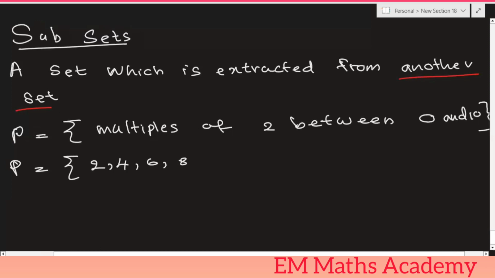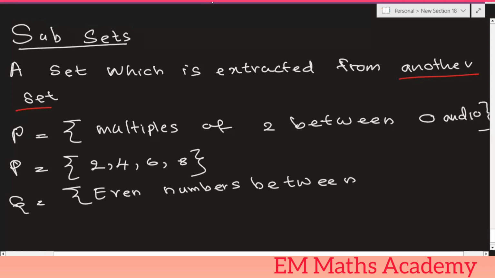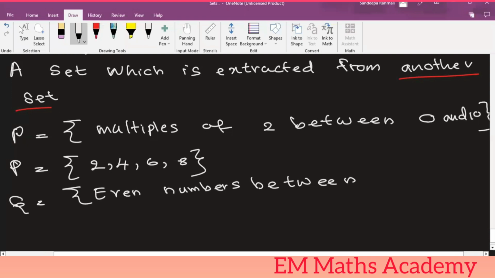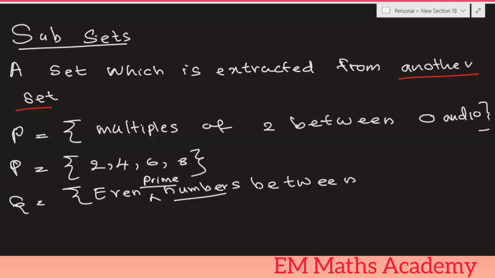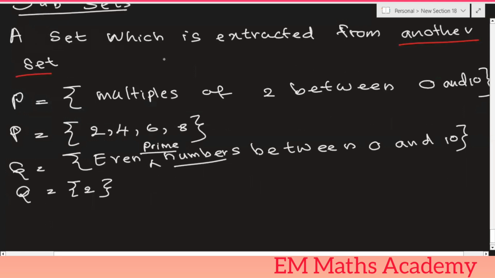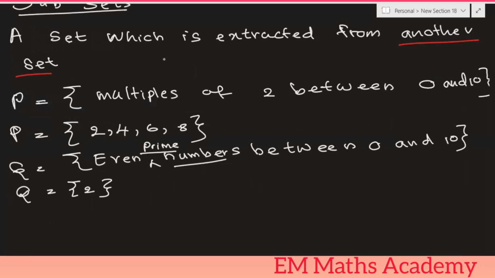Next I take a set Q: even prime numbers between 0 and 10. There is only one such prime number, which is 2. Now this Q is a subset of P, because I have extracted a particular set from P.